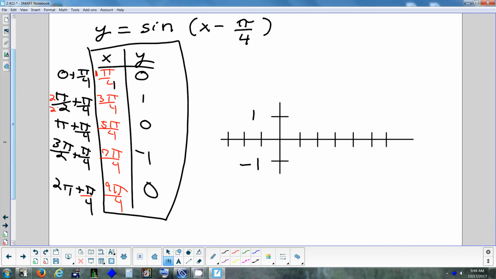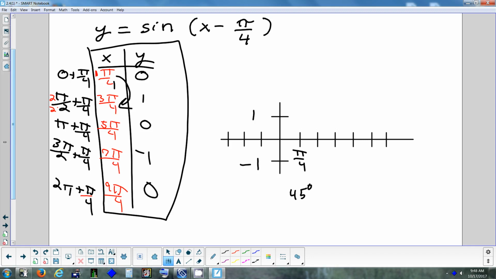But let's put pi over 4 right there. What's pi over 4 in degrees? Someone remind me, how many degrees is that? Yeah, that's a 45. Okay. So pi over 4 is 45 degrees.